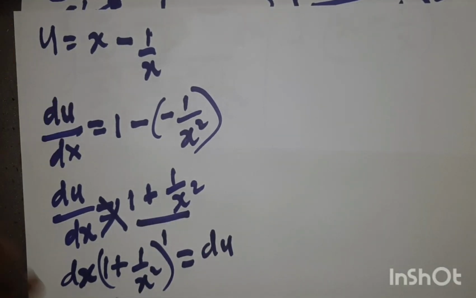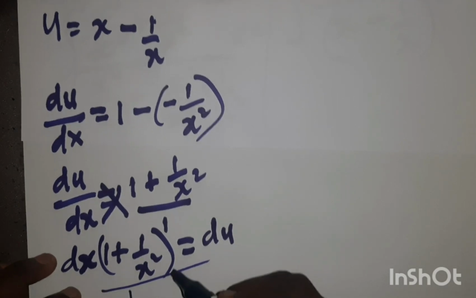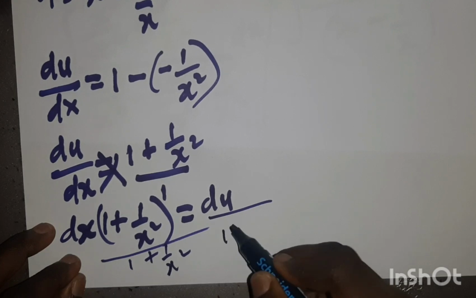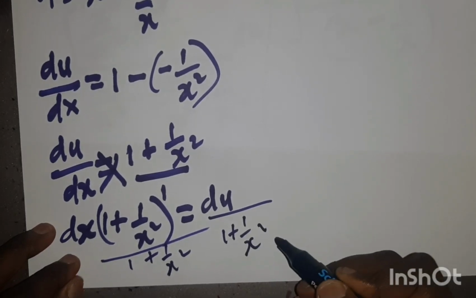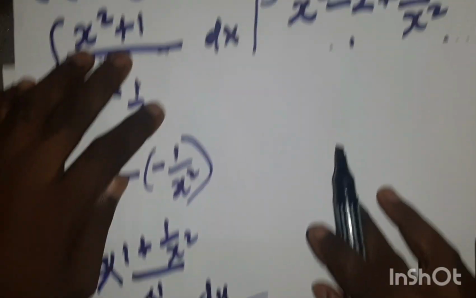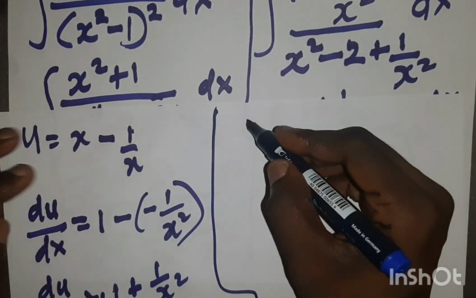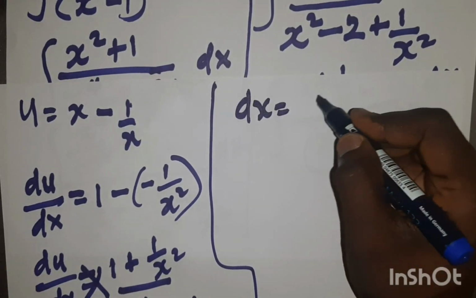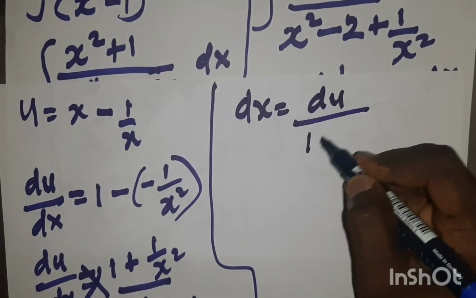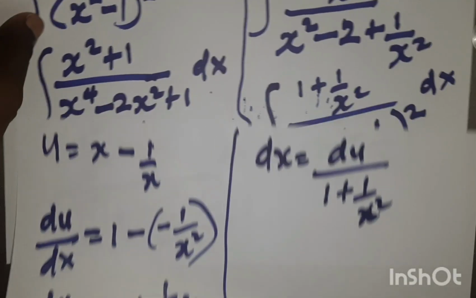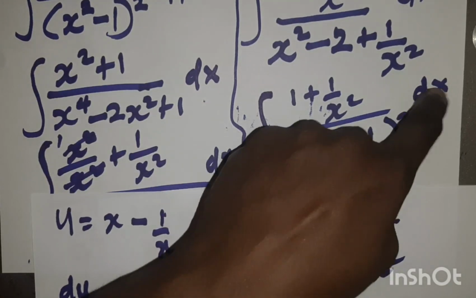So let me even do it here carefully: 1 plus 1 over x squared, and here also 1 plus 1 over x squared. So this cancels out this. I'm left with dx equal to, so rewriting that, my dx will now be equal to du over 1 plus 1 over x squared. So I can now replace dx here with this new value.